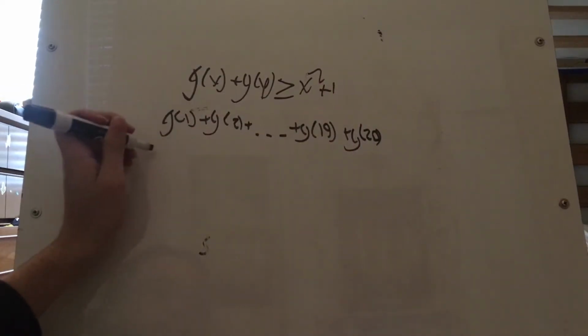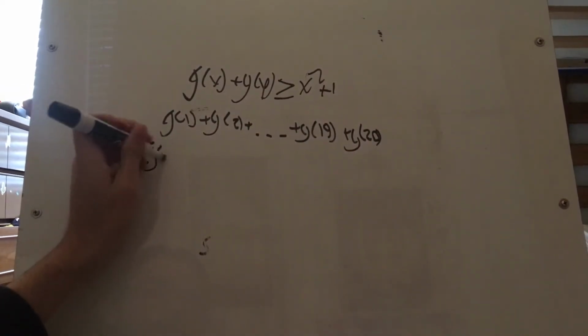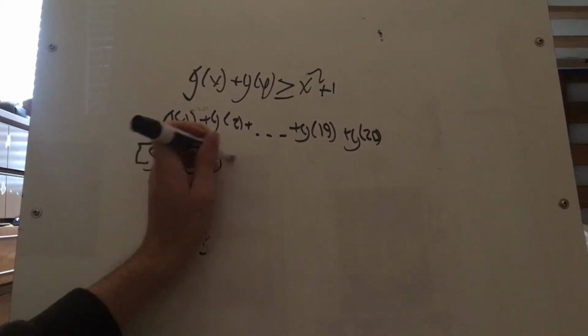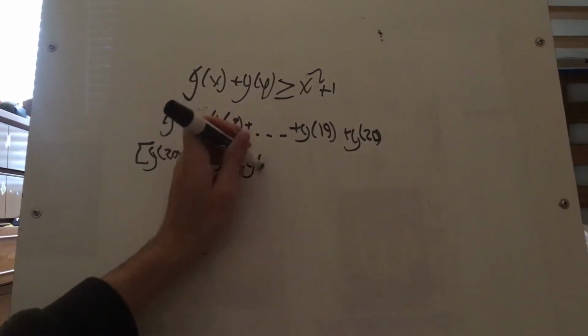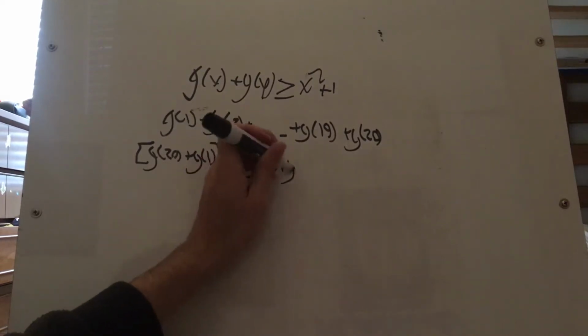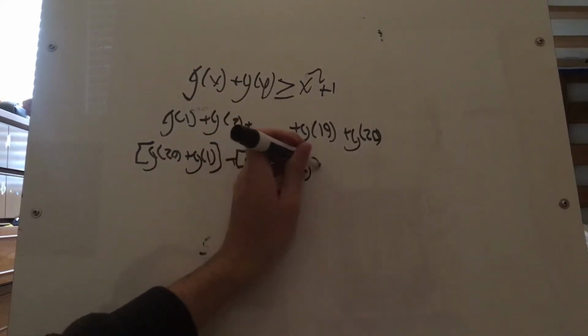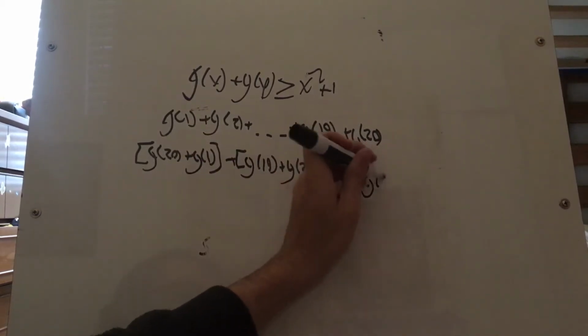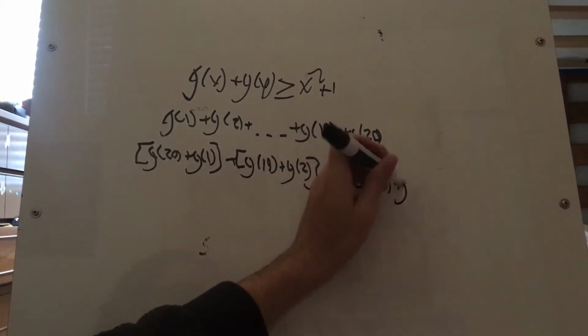And we can rearrange this to g of 20 plus g of 1 plus g of 19 plus g of 2, and that's going to go all the way down until we get to g of 11 plus g of 10.